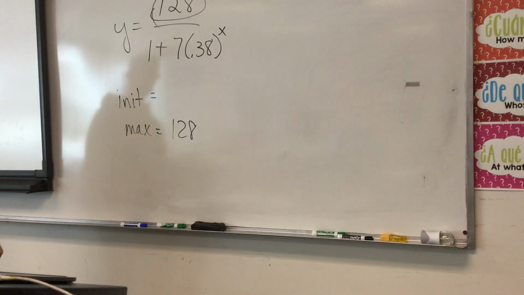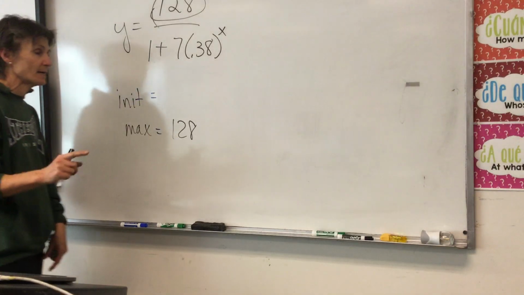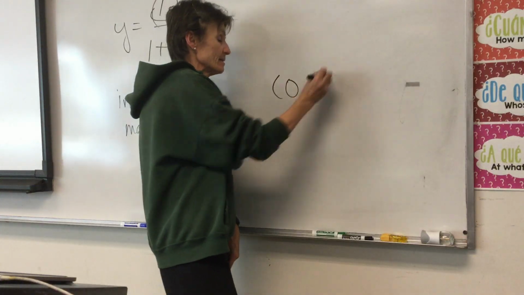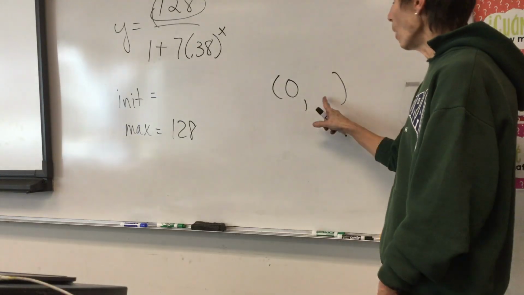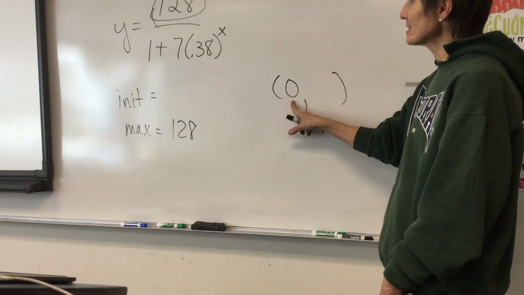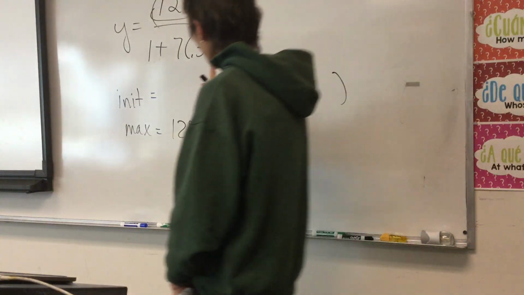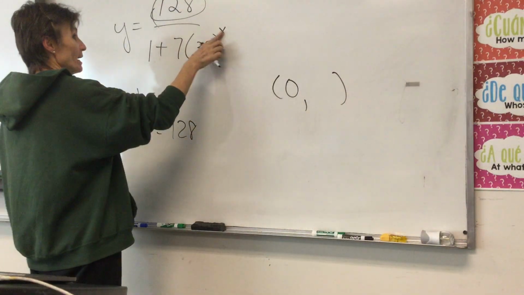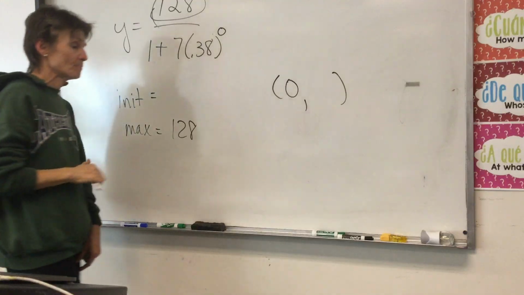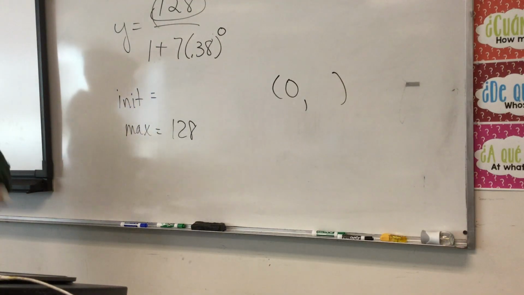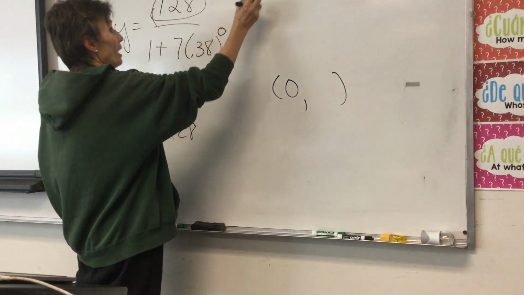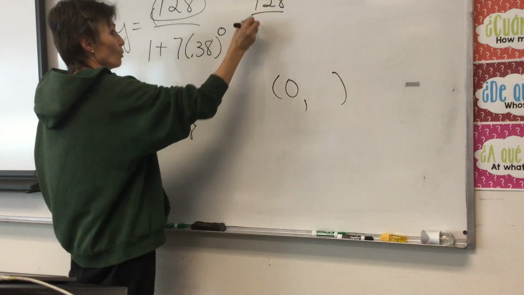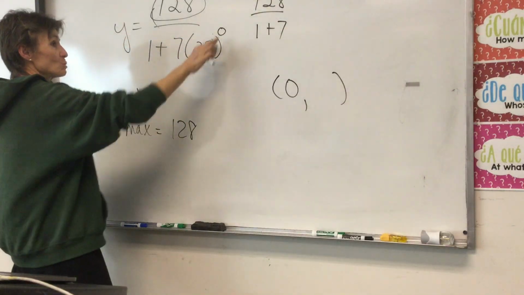Now, the initial value, we talked about several different kinds of problems. It is the y-intercept. It is the y value when x is 0. So you're going to come back to your equation and let x be 0. Then we have 128 over 1 plus 7, because that becomes 1.